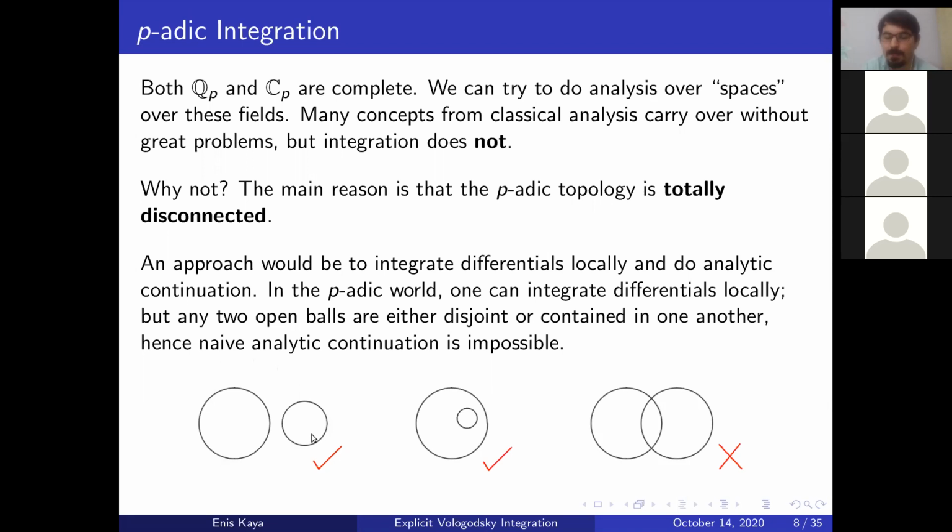This is fine for us. And here, one of them lies in the other. This is fine for us. But the picture on the right is not good. This is not possible in the p-adic world. As you see, there's a non-trivial intersection here. So in the p-adic world, there are no non-trivial intersections. Hence, analytic continuation is not possible in the naive sense. And Coleman integration, Vologodsky integration, Berkovich-Coleman integration basically use some other methods to define a global integration on the complete space.